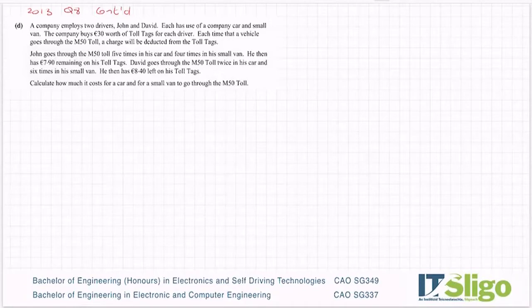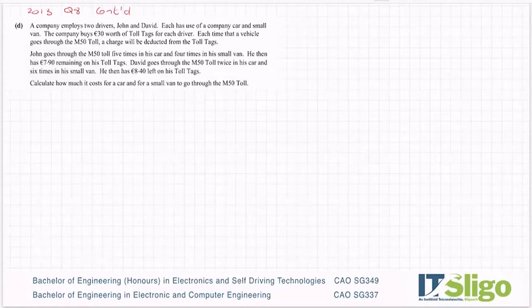John goes through the M50 toll 5 times in his car and 4 times in his van. He then has 7.50 remaining on his toll tags. David goes through the M50 toll twice in his car and 6 times in his small van. He then has 8.40 left on his toll tags. Calculate how much it costs for a car and a small van to go through the M50 toll.